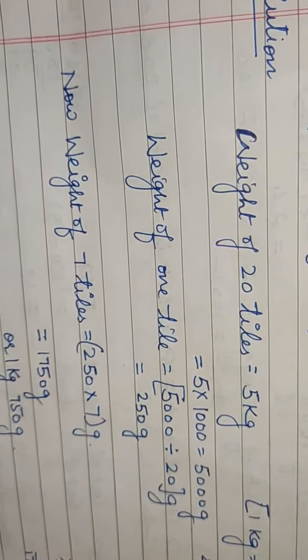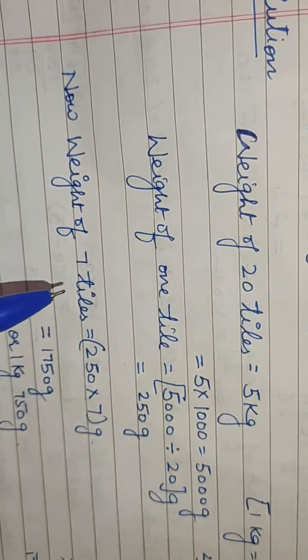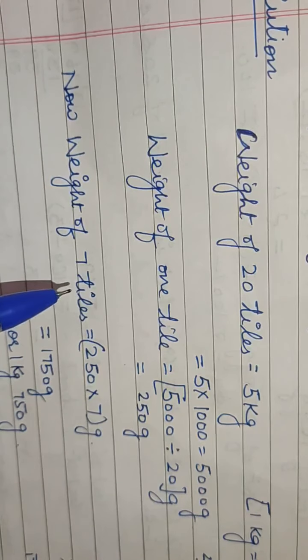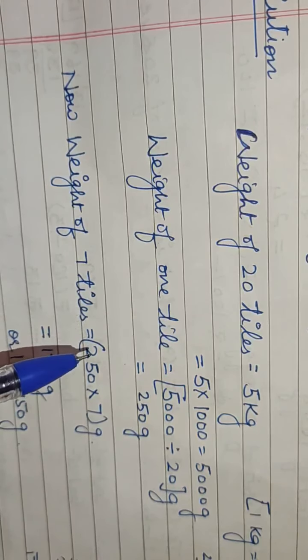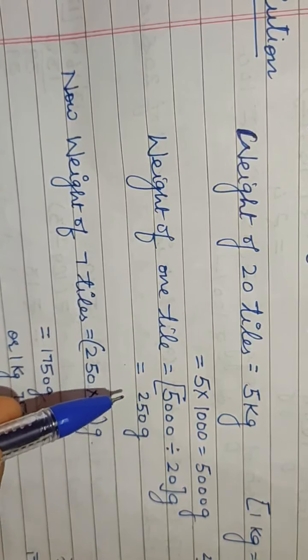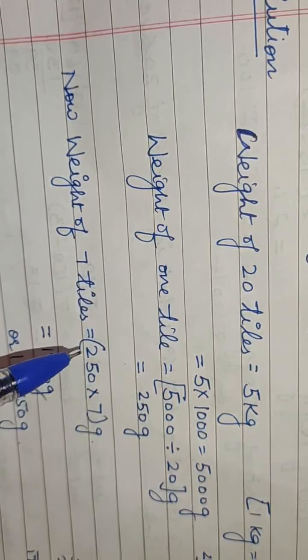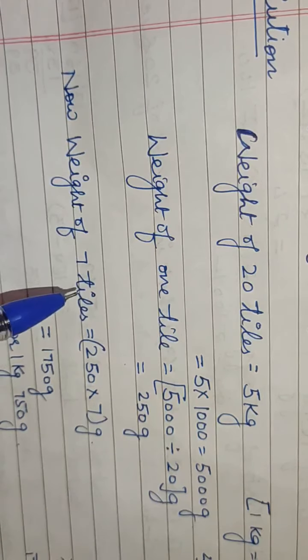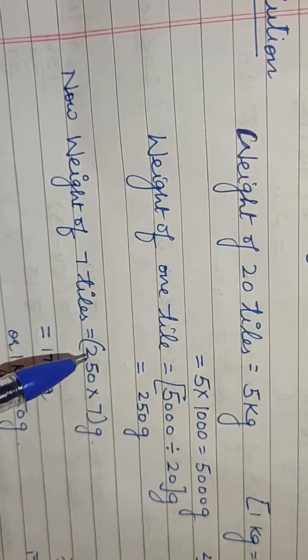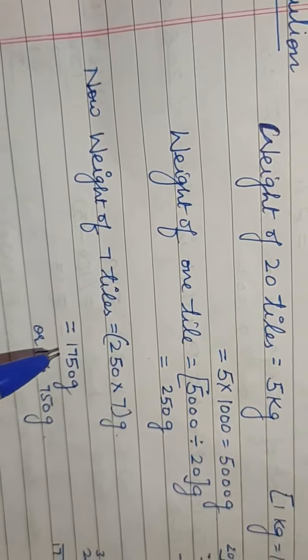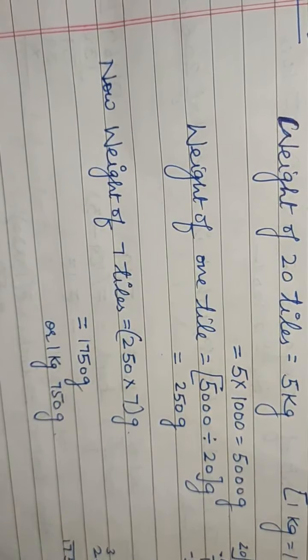Now we will find the weight of 7 tiles. How will we find the weight of 7 tiles? By multiplying the weight of one tile by 7. So weight of 7 tiles is equal to 250 multiplied by 7. I have shown the multiplication also.